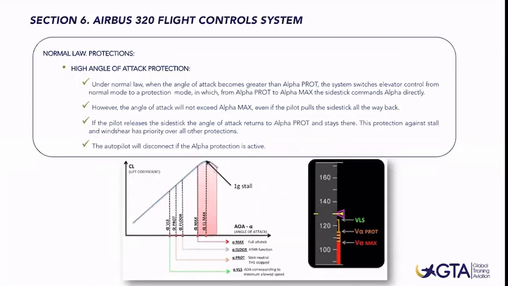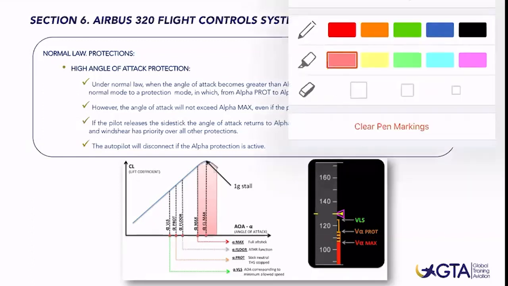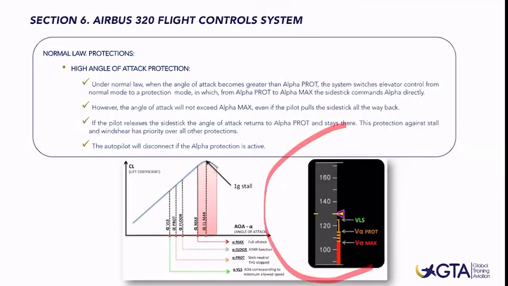Well, high angle of attack protection. This is quite important as well. We will have this protection during normal law. Basically, if we take a look at our PFD speed scale in normal law, we find VLS, which is the lowest selectable speed, then the yellow strip, which is V alpha prot, and the red strip, which is V alpha max.